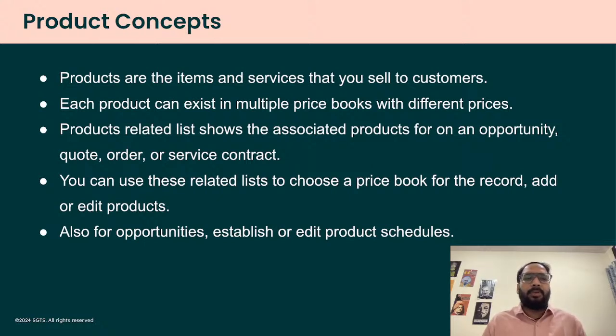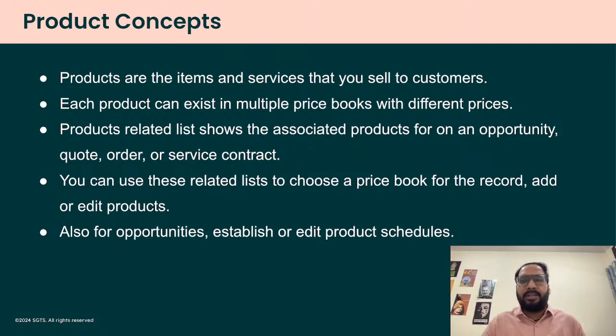Like suppose you are selling some product in your country, so the domestic price can be different or the international price can be different, right? This way, if you want to have different prices for your product, for that purpose we will be maintaining price books. Each product can have different prices with the help of price book.